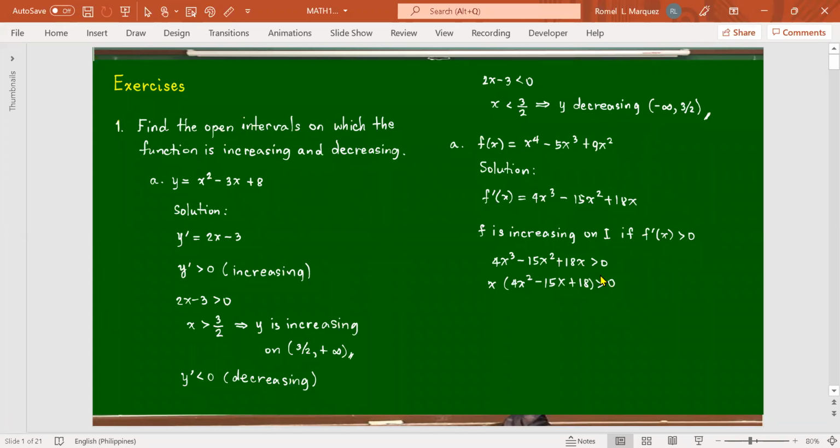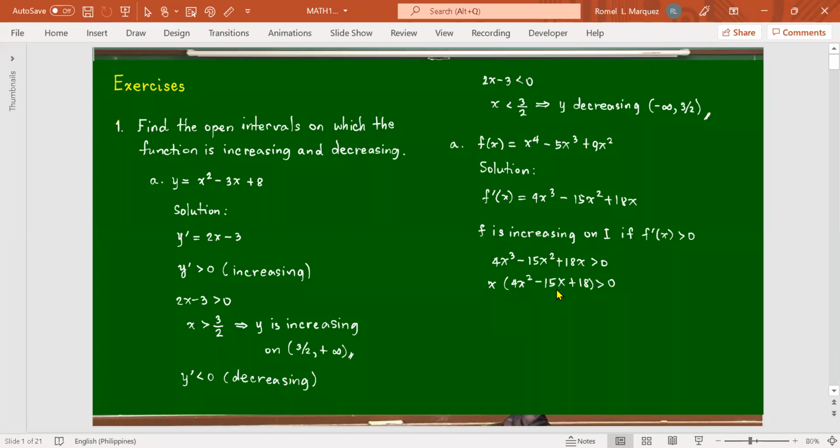Meaning, if you equate that to 0, will it have real roots? So by discriminant, negative b, that is negative of negative 15 raised to 2, so negative 15 times negative 15, 225, minus 4 times a, our a is 4, times c, our c is 18. So that is negative 63.